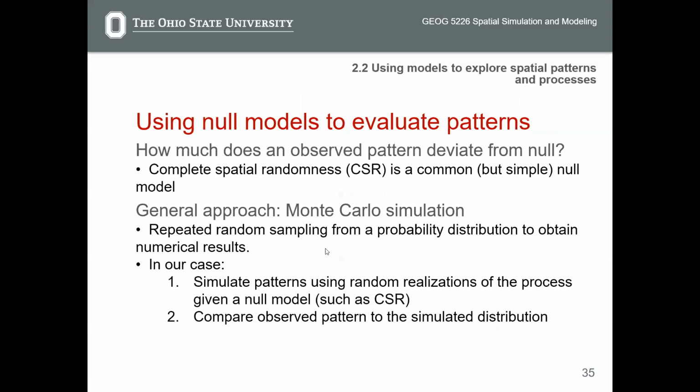Okay, and then let's talk about using null models to evaluate patterns. So how much does an observed pattern deviate from null? And the null here is CSR. I mentioned this concept at the very beginning of the second chapter. It's called complete spatial randomness.